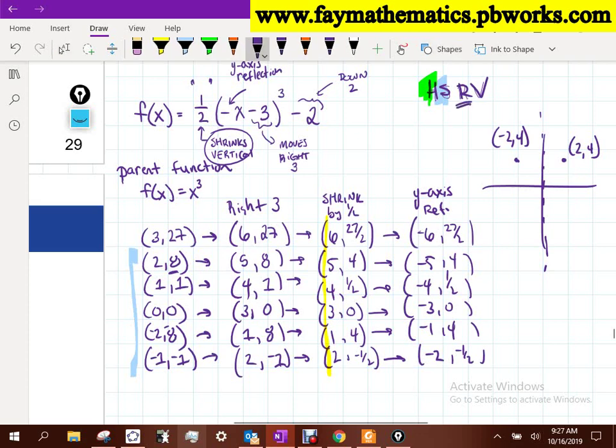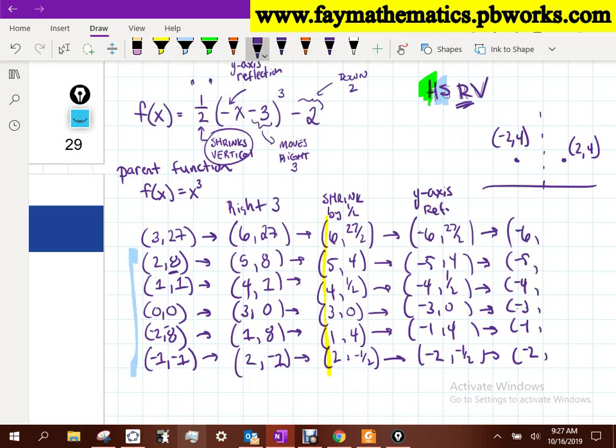So now we've done that one, and we get now to the vertical translation. What coordinates are impacted with a vertical translation? X's or Y's? Y's. All right, so the X's stay the same: negative 6, negative 5, negative 4, negative 3, negative 1, negative 2.